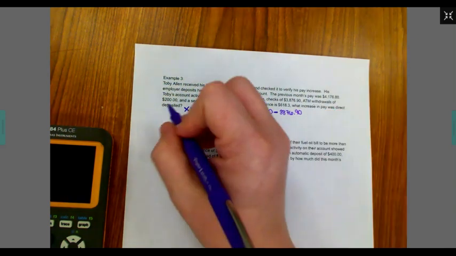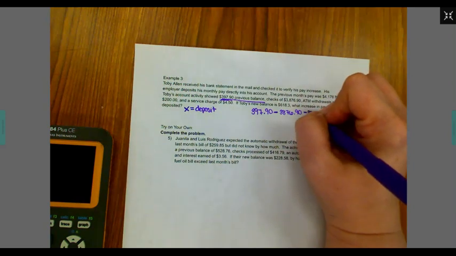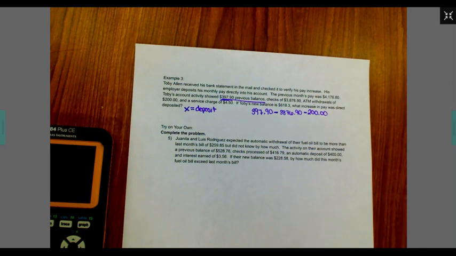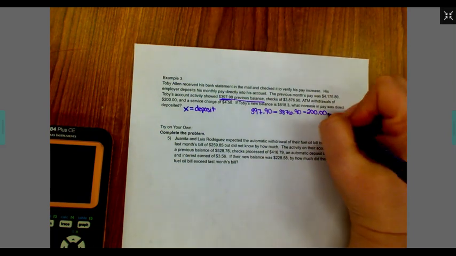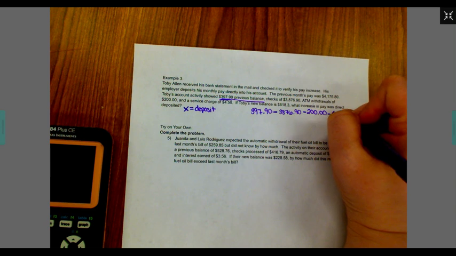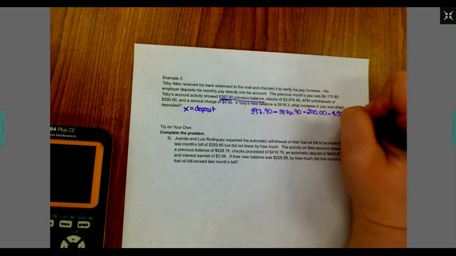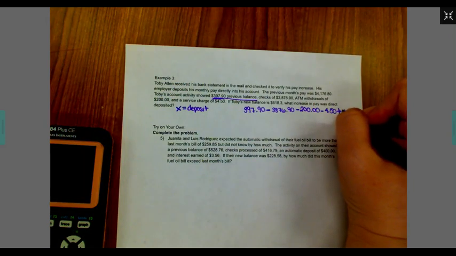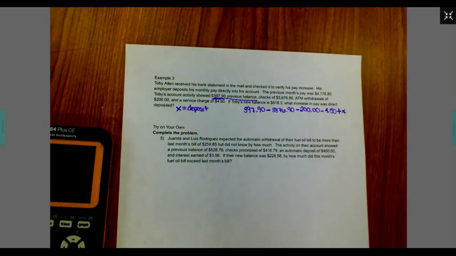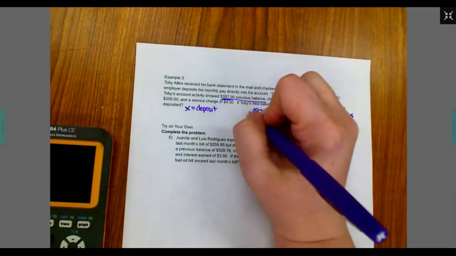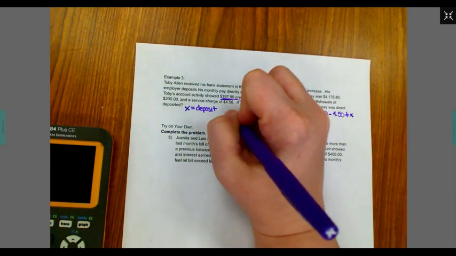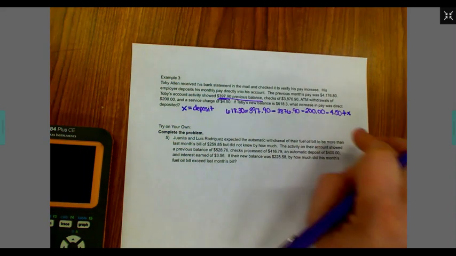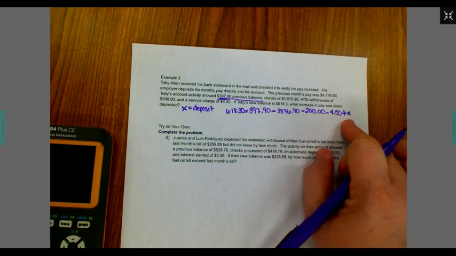I'm going to subtract my withdrawals, which is $200. I'm going to subtract service charges, which is $4.50. I'm going to add this deposit, which is unknown at the current moment. And this all equals his current new balance, which is $618.30.